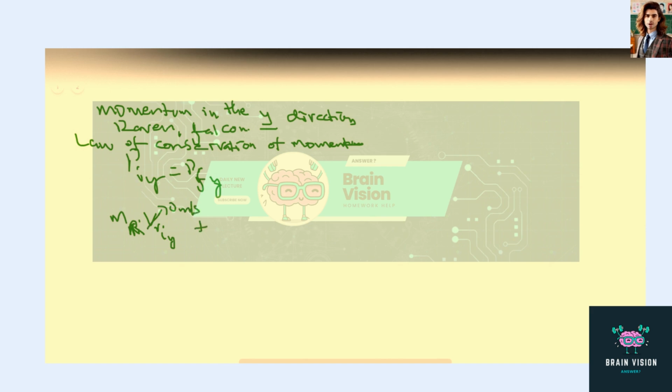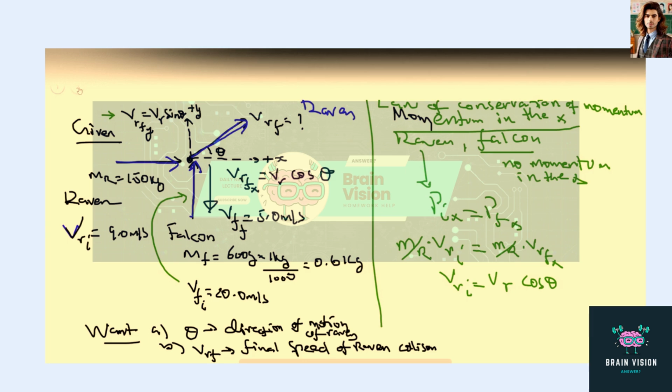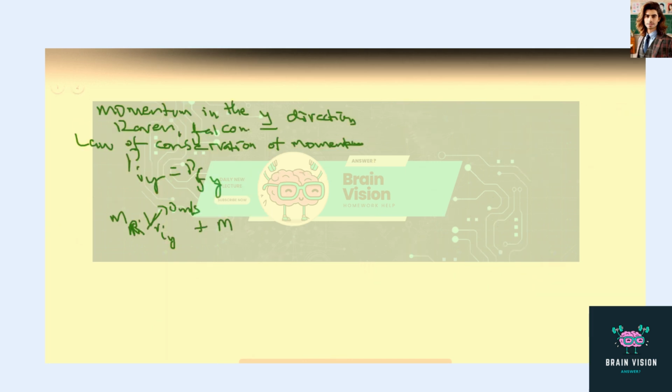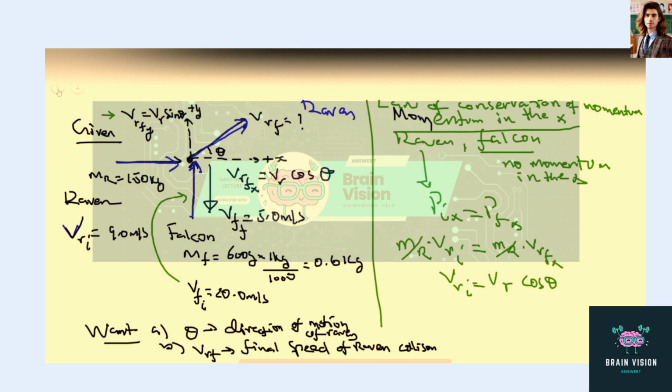And then plus, we also have the falcon: the mass of the falcon times the initial velocity of the falcon in the y direction. We're calling it Vfi, but strictly speaking, this should have been y in the y direction, and the final velocity in the y direction.